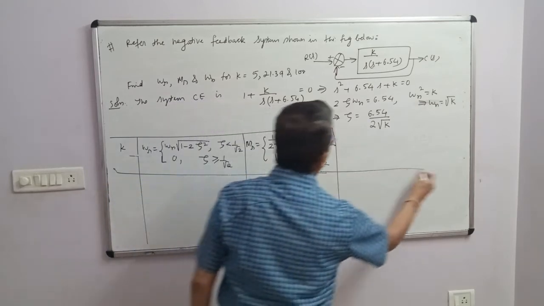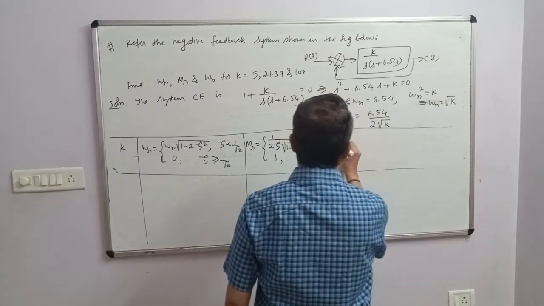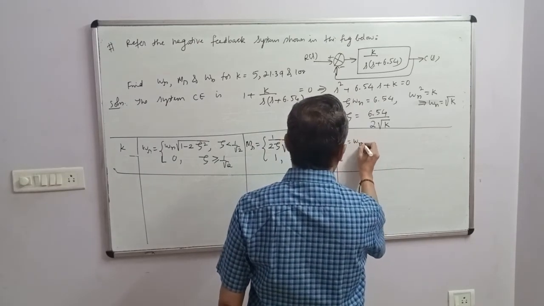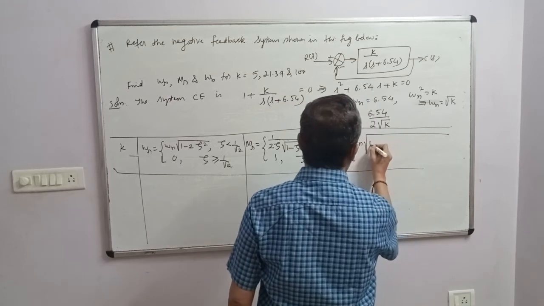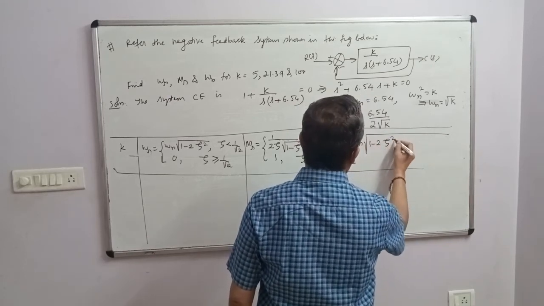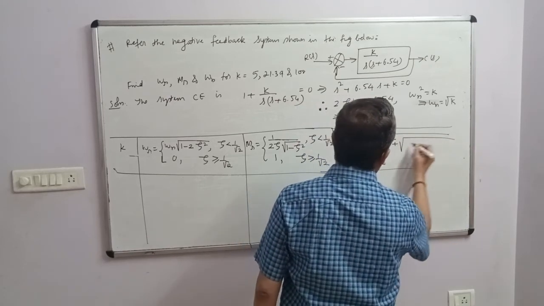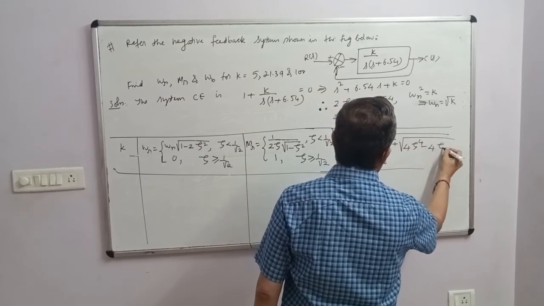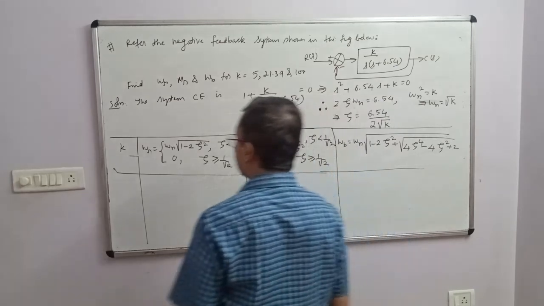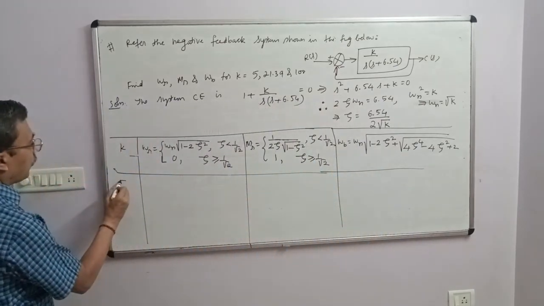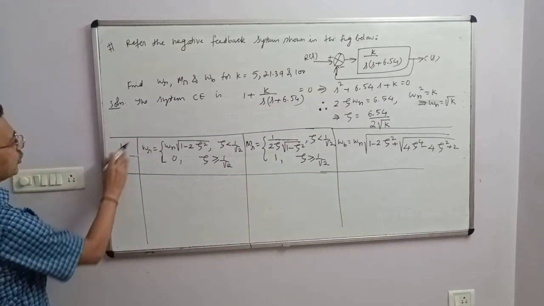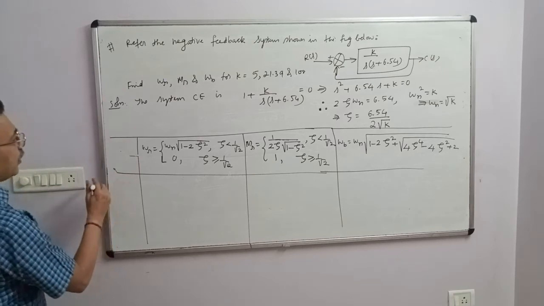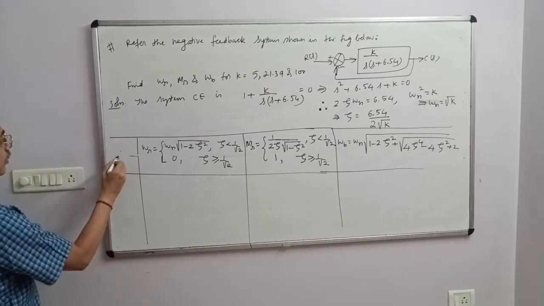Last one is bandwidth. Formula for bandwidth is omega b is equal to omega n into square root of 1 minus 2 zeta square plus square root of 4 zeta to the power 4 minus 4 zeta square plus 2. The values of k given are 5, 21.39 and 100.